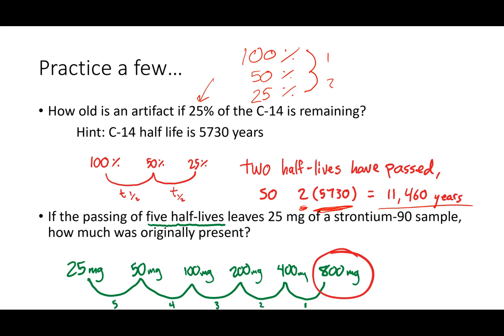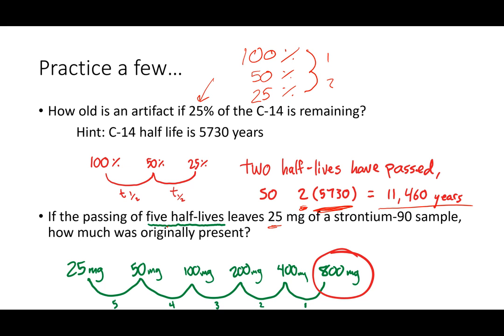And the second one, if the passing of 5 half-lives leaves 25 milligrams of strontium-90, how much was originally present? So this one, you're working backwards, and instead of finding a time period, you're finding the mass. So we know that there's 5 half-lives.